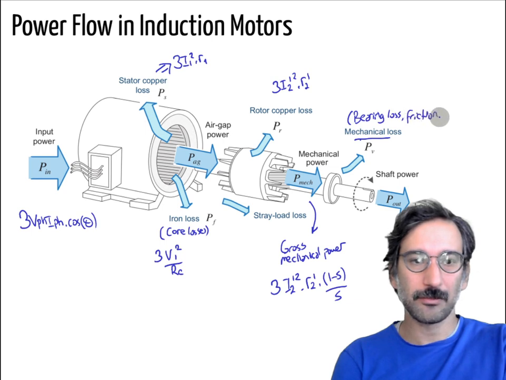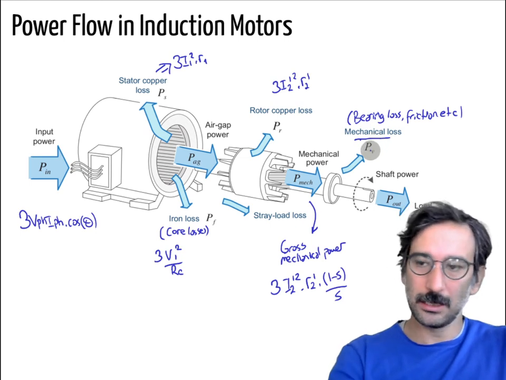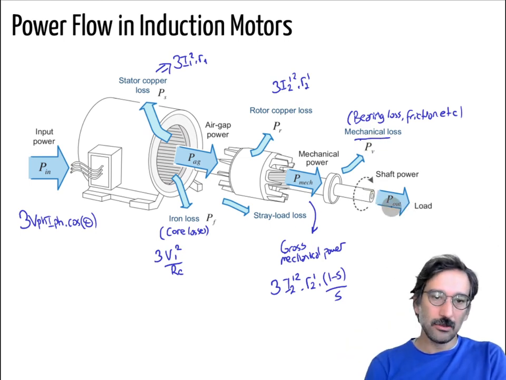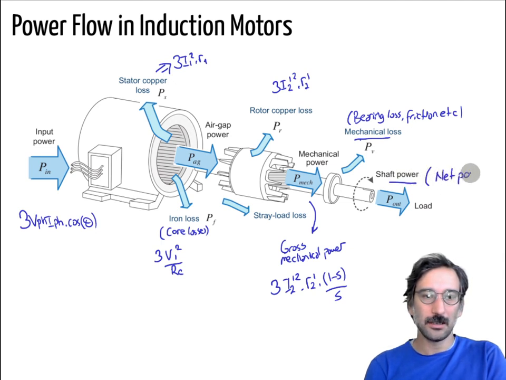Then you subtract that, and you have the actual shaft power, which can also be called net power.